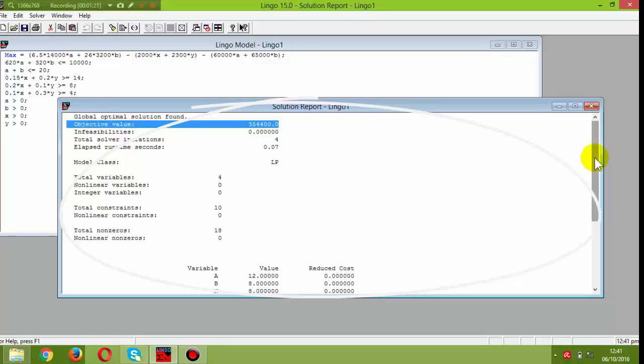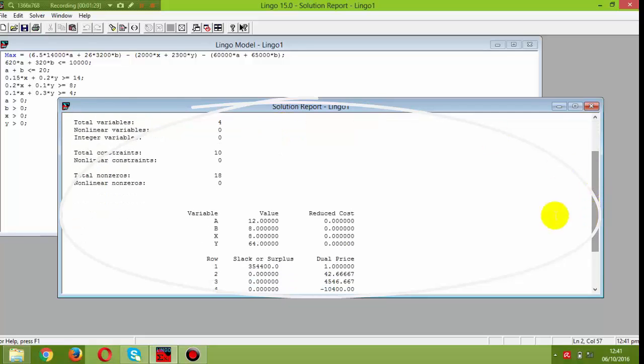Since we want to find the maximum profit, the objective value is in rupiah. And then we also have variables A, B, X and Y. A and B are the amount of seed, where A is the amount of rice seed and B is the amount of corn seed.